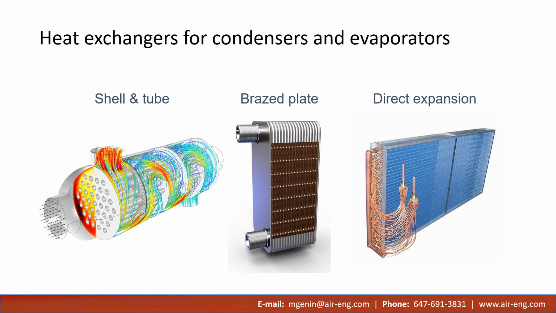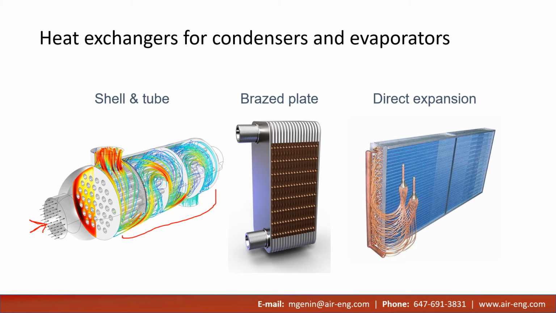The water flows inside the tubes and the refrigerant flows around the tubes. And the tubes are typically made from copper for good heat transfer. If the water is dirty, this heat exchanger can be opened at the end and the tubes can be cleaned, which is an important feature when using them for cooling tower applications.